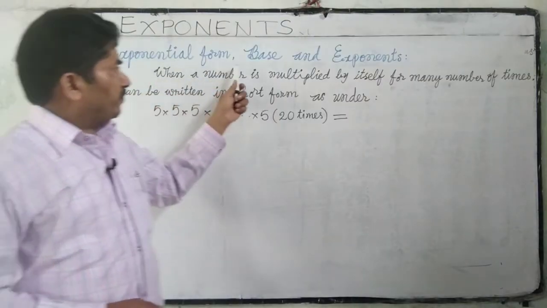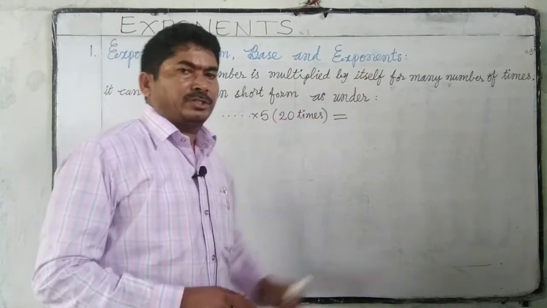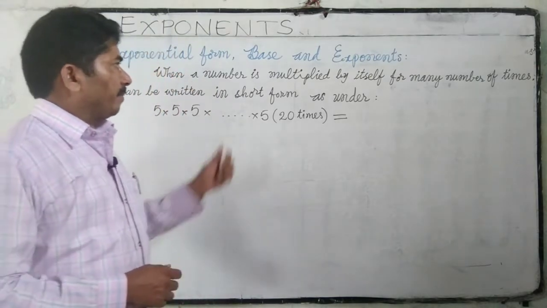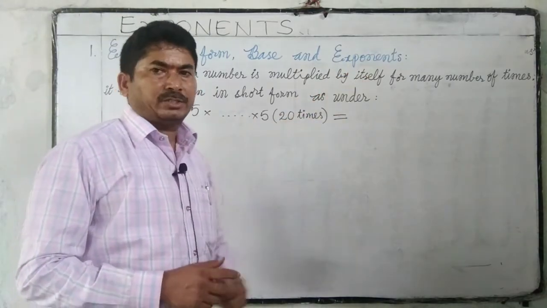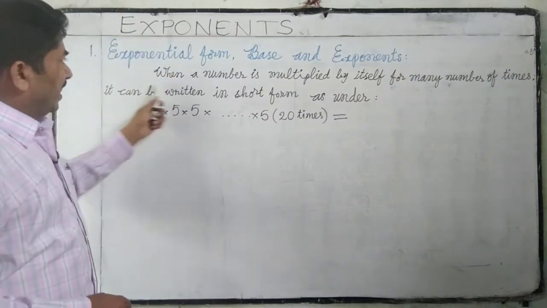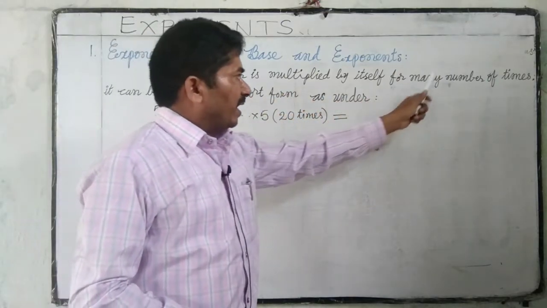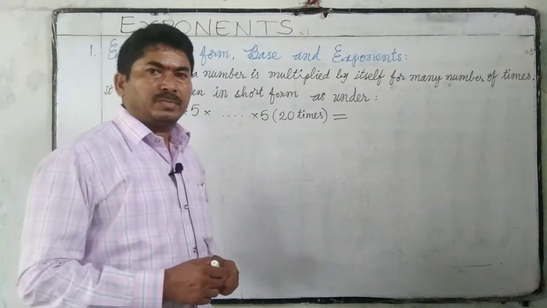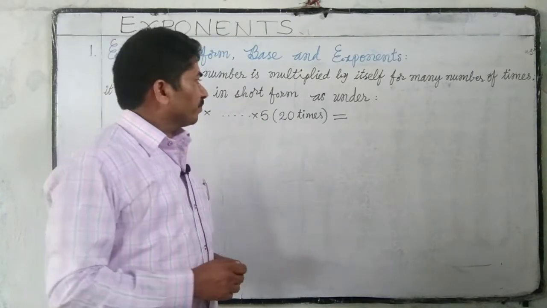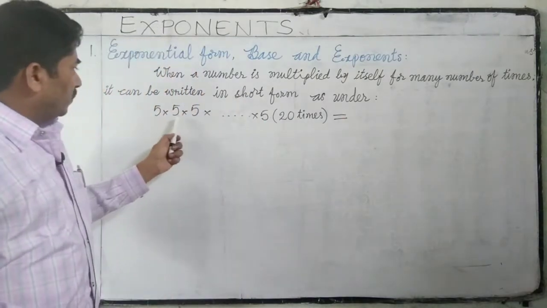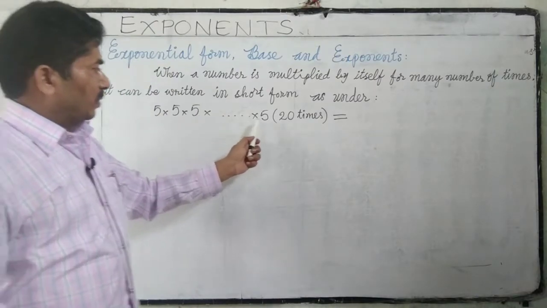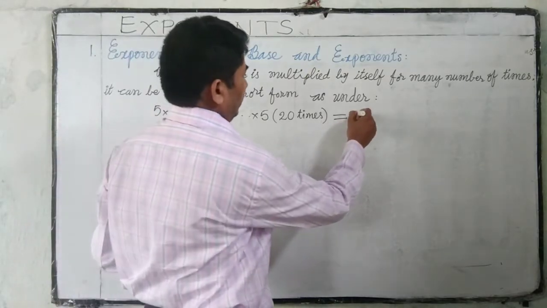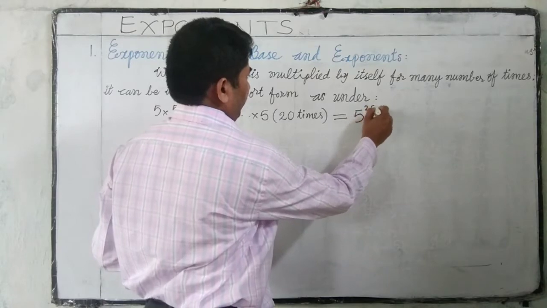First one, exponential form or base or exponents. What is an exponential form? Base and exponents. Let us observe. When a number is multiplied by itself for many number of times, it can be written in short form. That is called exponential form. As 5 into 5 into 5 up to 5, 20 times, it can be written in short as 5 to the power of 20.